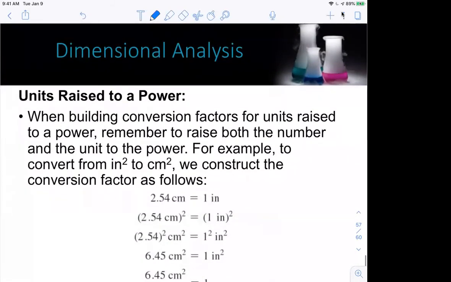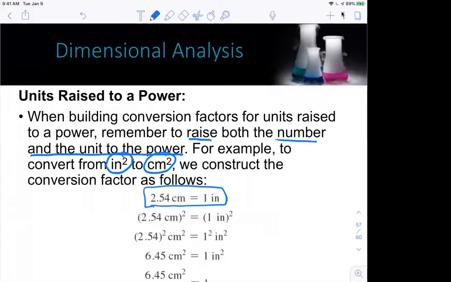Now, units can be raised to a power as well. If I want to build a conversion factor for units raised to a power, I want to make sure I raise both the number and the unit to that power. So if I want to go from inches squared to centimeters squared, this is the regular equivalency, the linear dimension.